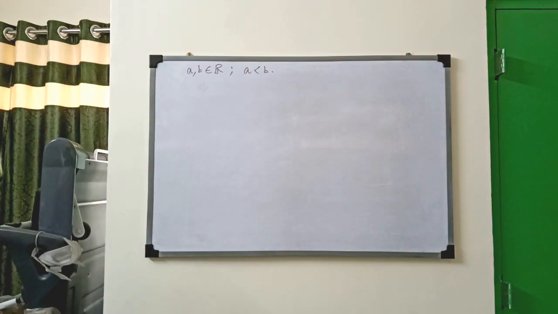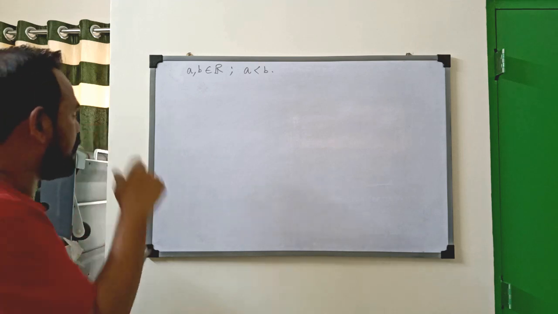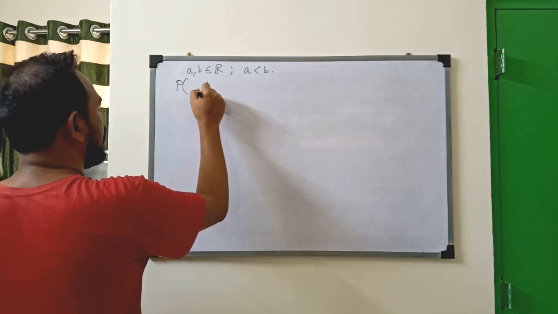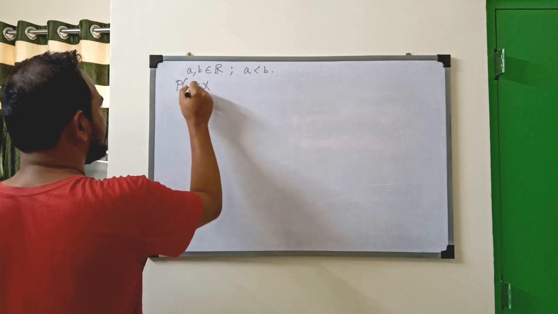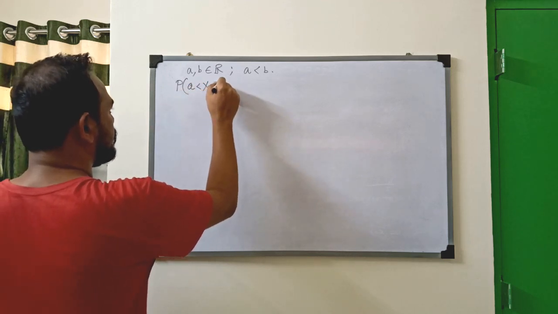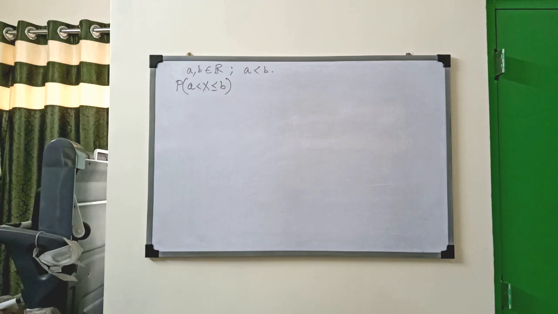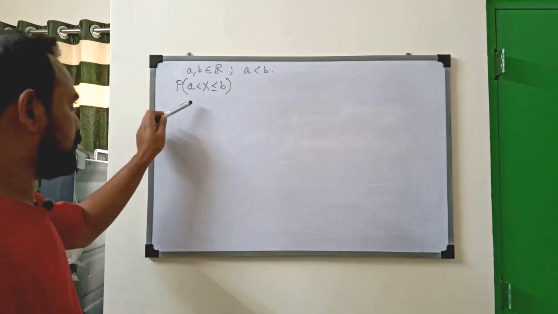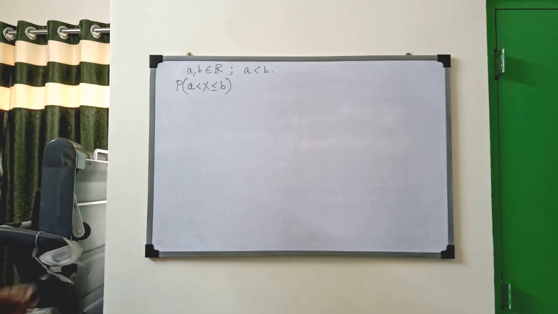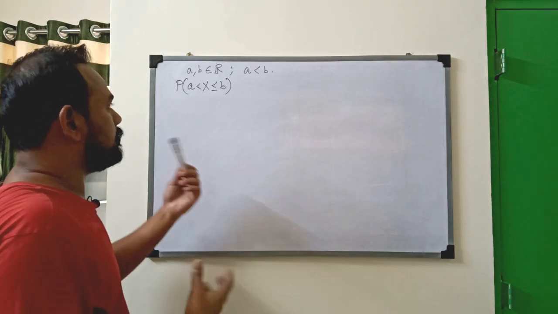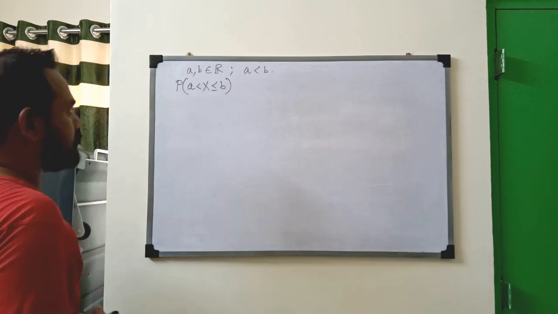Okay, what happens now is that suppose I asked you to find the probability that x is greater than small a but less than equal to small b. I want to find this probability, okay? Well, I want to find a useful formula for this probability, okay?